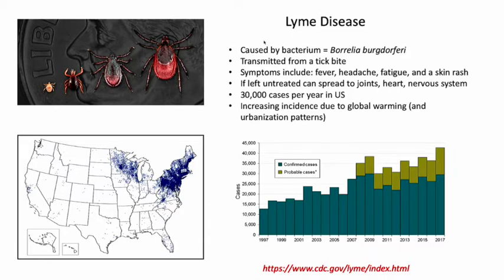We like to say everything's due to global warming, although maybe even a bigger problem in the U.S. might be due to the way urbanization patterns are happening, where people are moving into these semi-rural areas where there's especially deer and Peromyscus, and so they're exposed to the tick more often, although certainly both things are contributing.